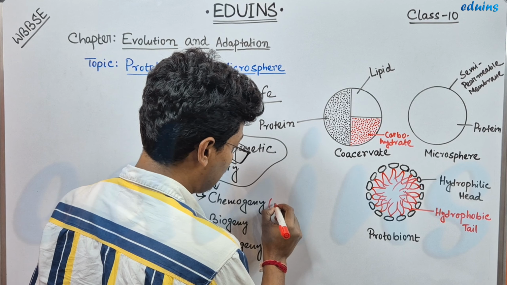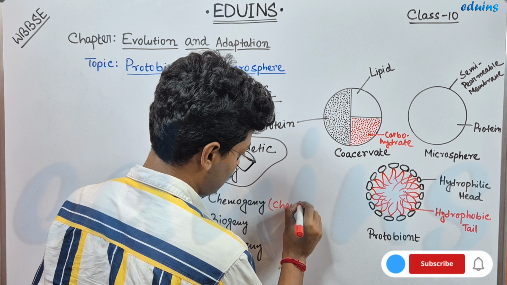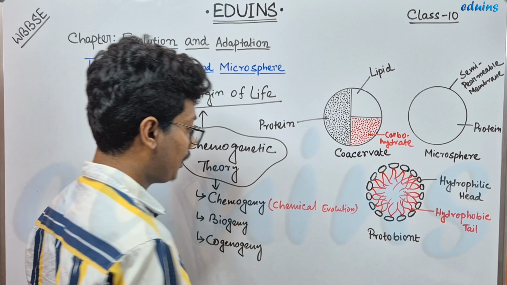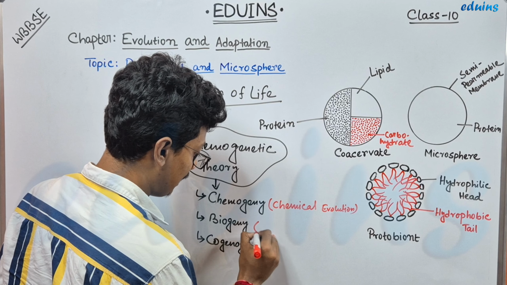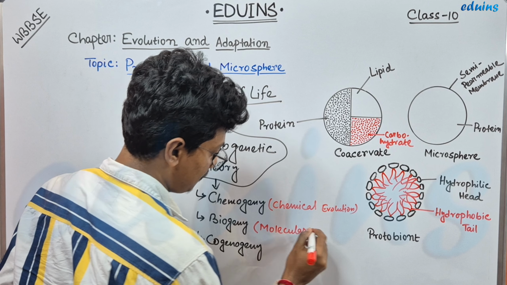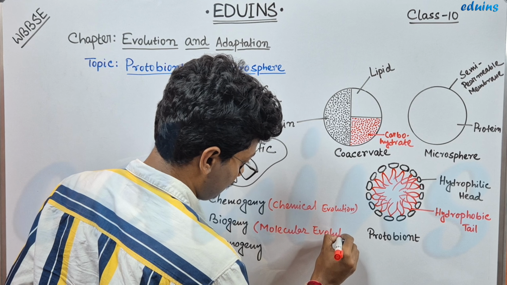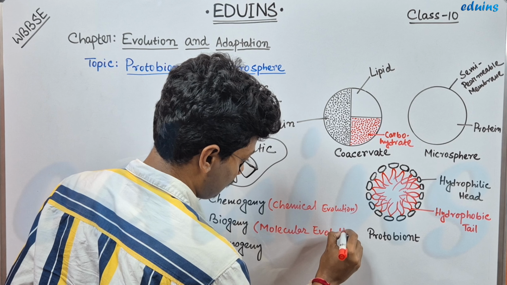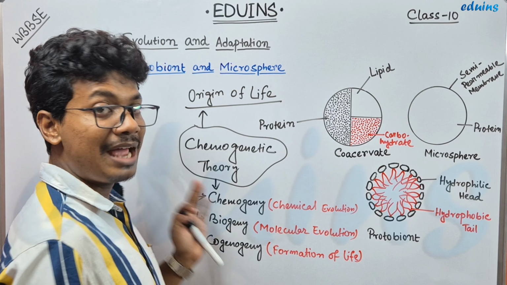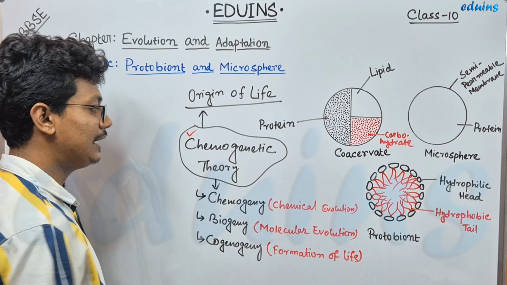Chemogeny is the chemical evolution. Next, biogeny is the molecular evolution. And last, cogenogeny is the formation of life. So the most acceptable theory is the chemogenetic theory.